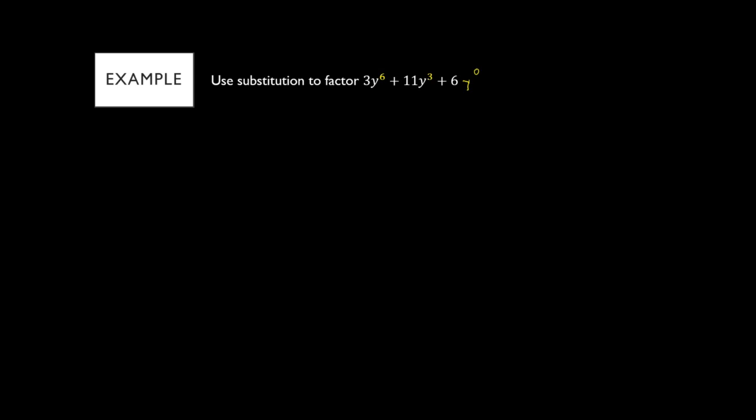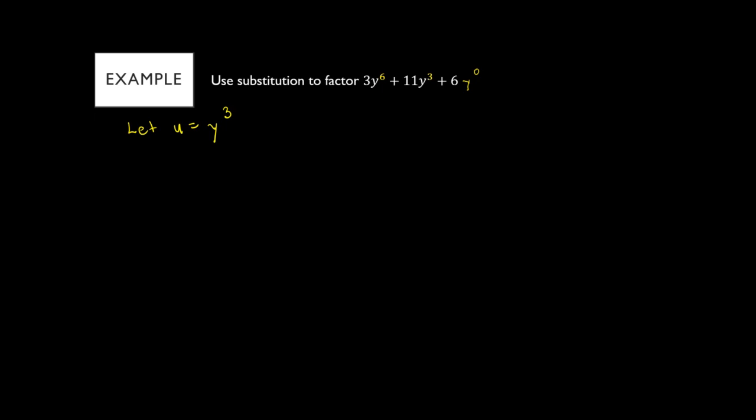So that is the rule in order for this to work: the first exponent has to be double the middle exponent, and then there's no exponent on the third part. If you have that pattern, then you let u be the middle part. So u is going to be y cubed.